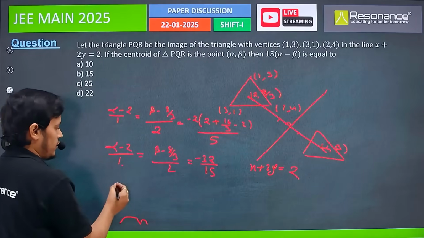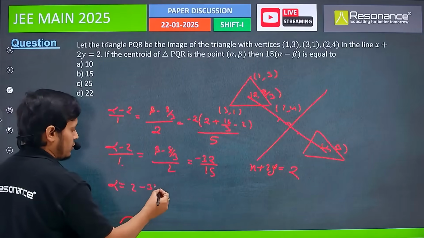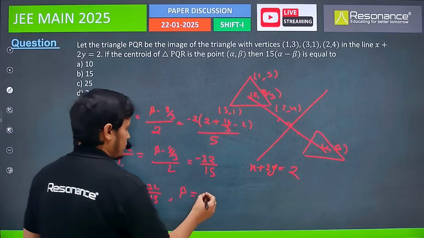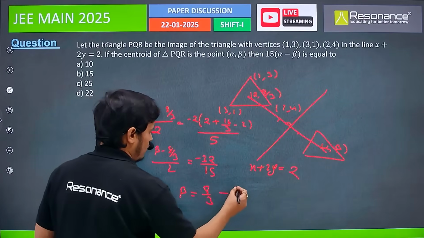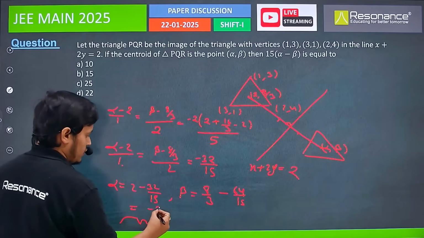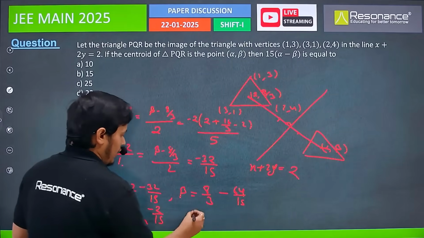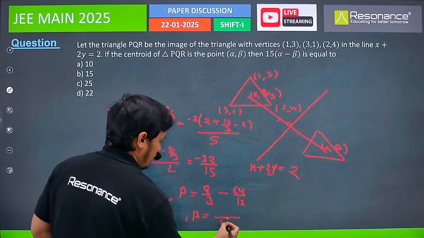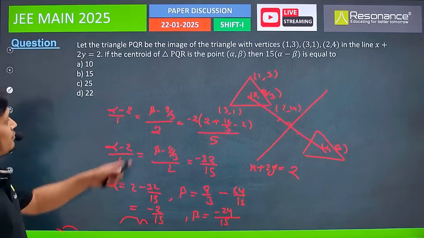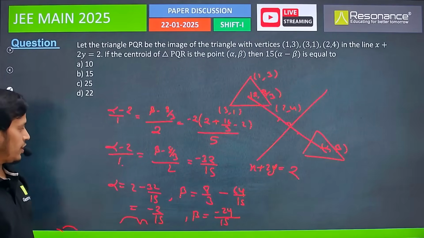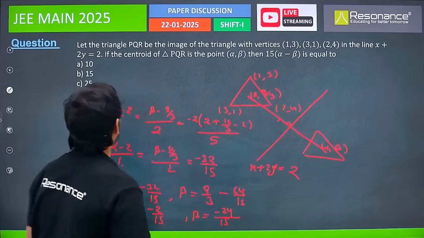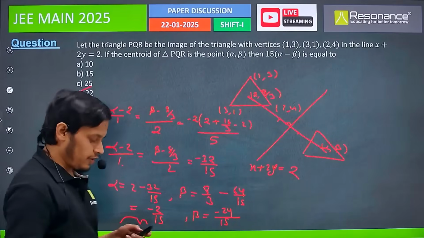If you simplify this, alpha = 2 − 32/15 and beta = 8/3 − 64/15. What are we getting? Alpha is −2/15 and beta, with LCM 15, is −24/15. So what is the value of alpha − beta? This one minus this one, 22/15. If you put the value 22/15, what do we get? Option D will be correct.